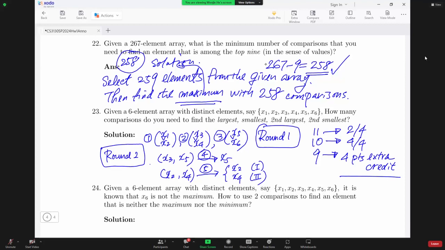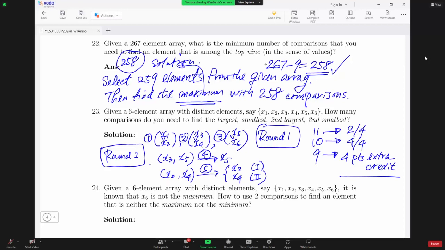With our older solution, we get 11, because we use 7 comparisons to get the maximum and minimum. After we take those out, 4 more comparisons get the next largest, second largest, second smallest.